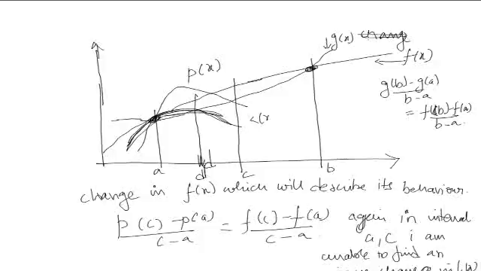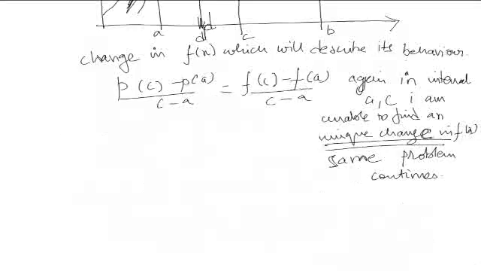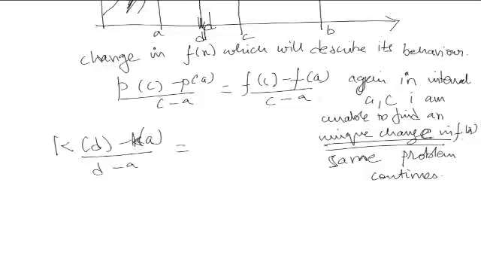Let me call this some k of x. Again, k of d minus k of a by d minus a is equal to f of d minus f of a by d minus a, which again points to the same situation. We have not progressed anymore.